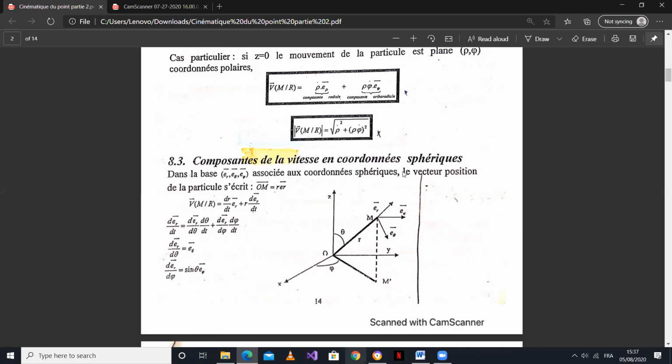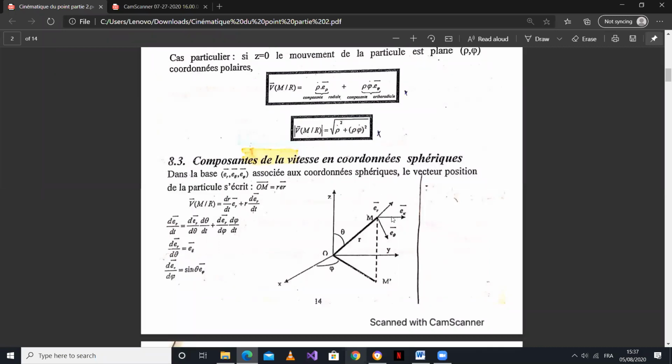Le vecteur position de la particule s'écrit OM égale R ER. We looked at this, R ER, because M is there and we have our origin there, O, and then we have this unit vector ER oriented in this direction.